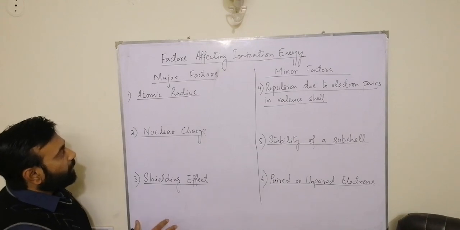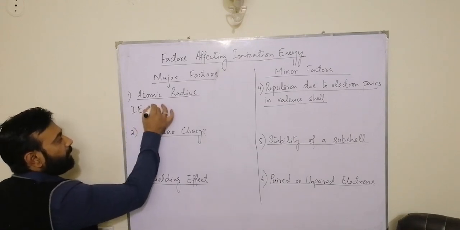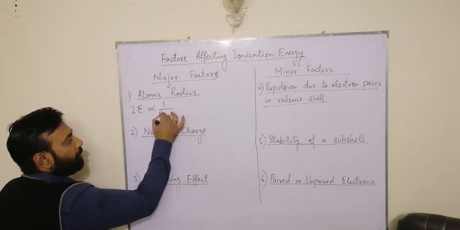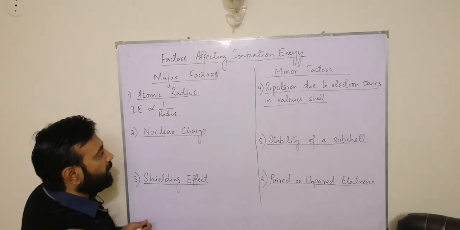See, ionization energy is inversely proportional to atomic radius. Now why is that? Let us try to understand that.